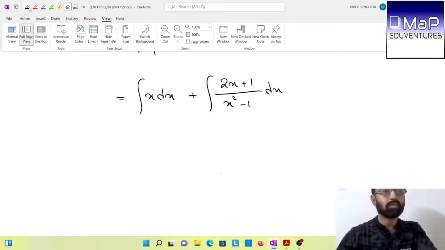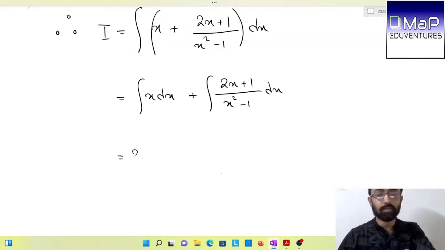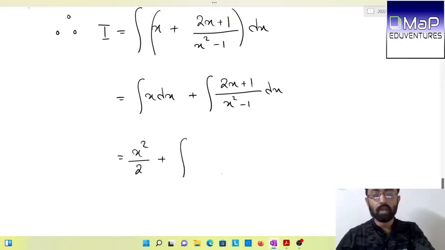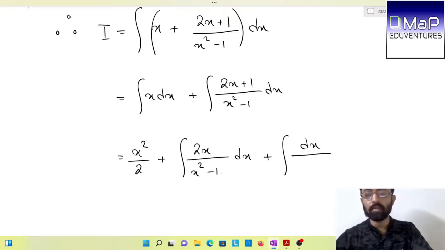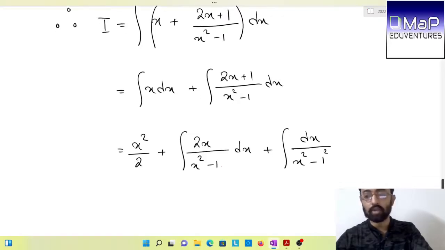Okay, so let us see, x square by 2 plus integration twice x by x square minus 1 dx plus integration dx by x square minus 1 square, separately written so that we can go to the formula.